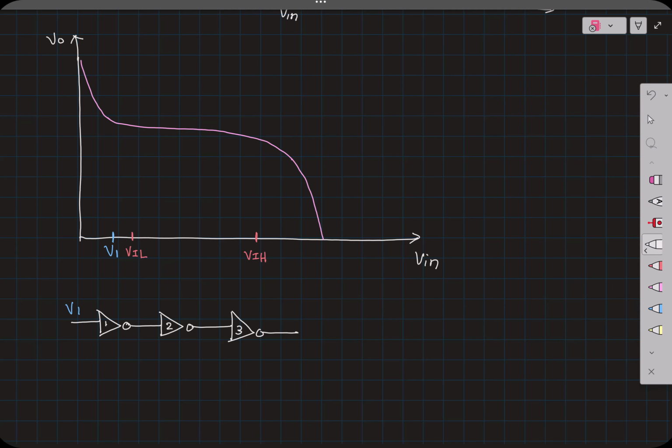So corresponding to this, you will get some output that you can call V2. Now the V2 is getting applied here, and so on. Now V2 becomes the input. So can you proceed through this chain and see what you are able to get? Please work this out.